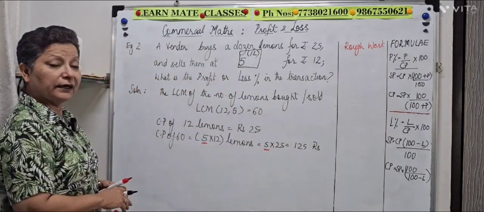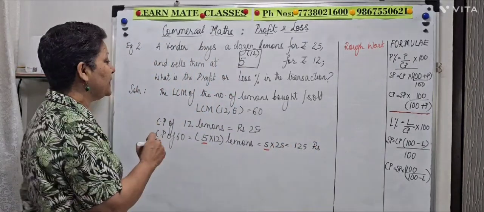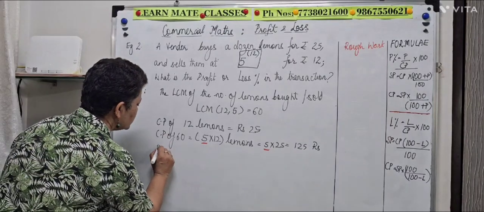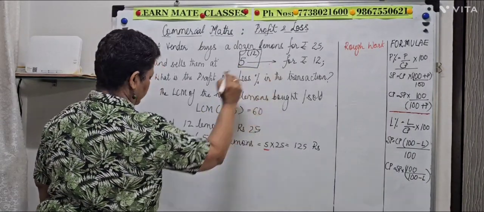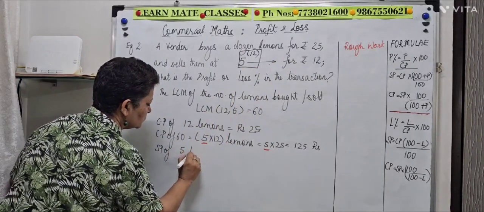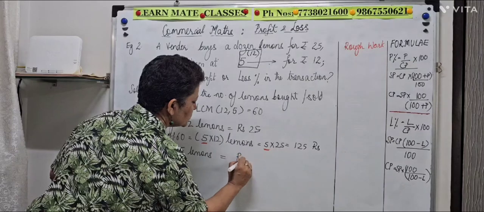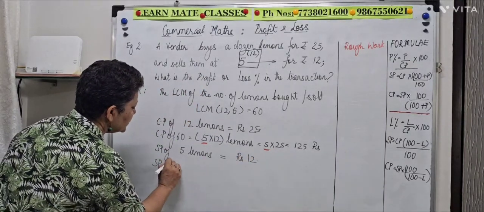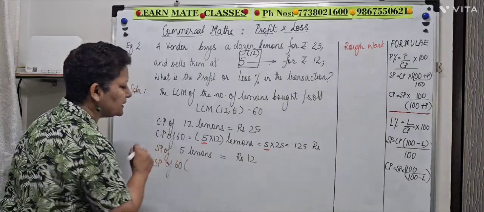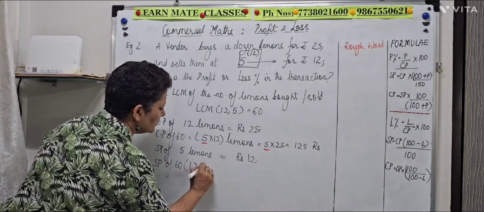My unit is rupees. What I've done for cost price, I'm also going to be doing it for the selling price. So selling price, what it was given of 5 lemons here was rupees 12. So selling price of 60 lemons, then how do I get 60? When I multiply 5 with 12. What have I done?